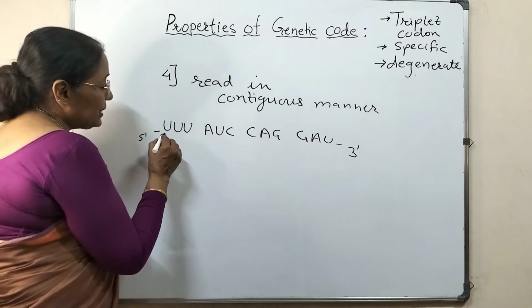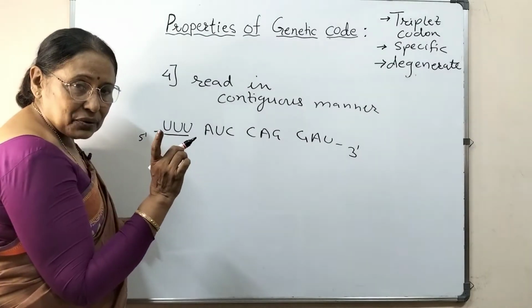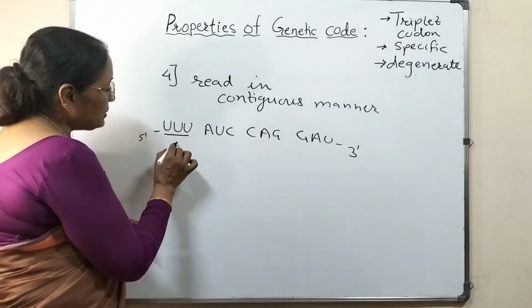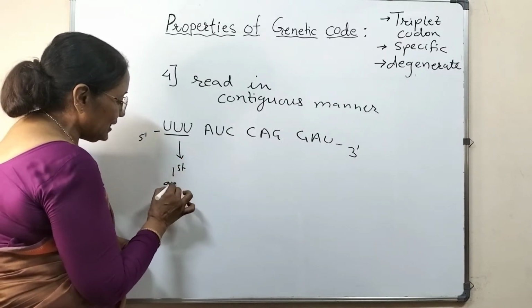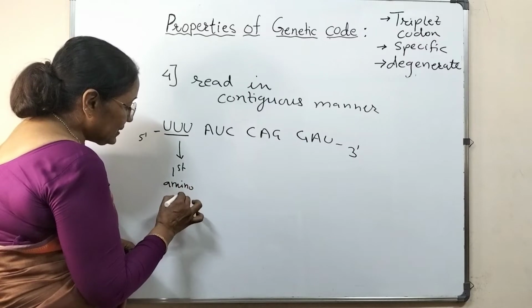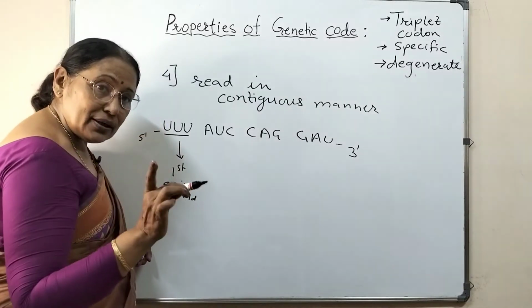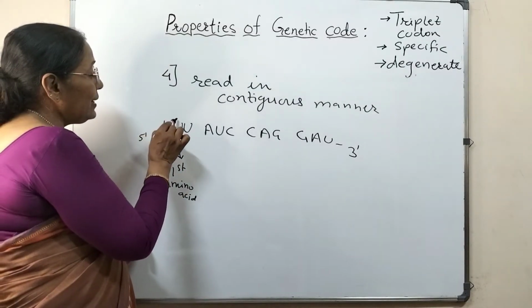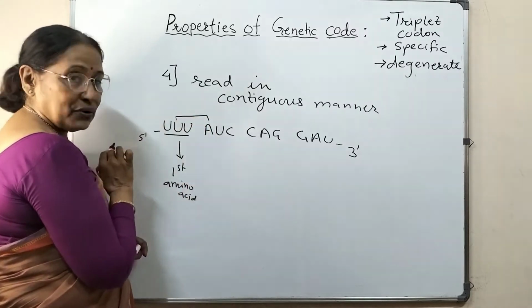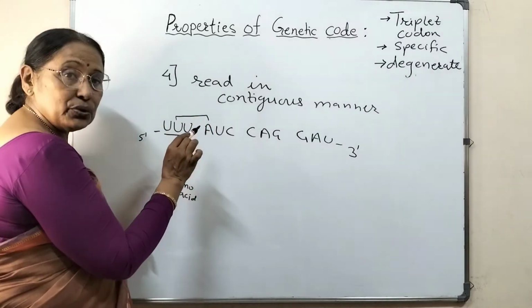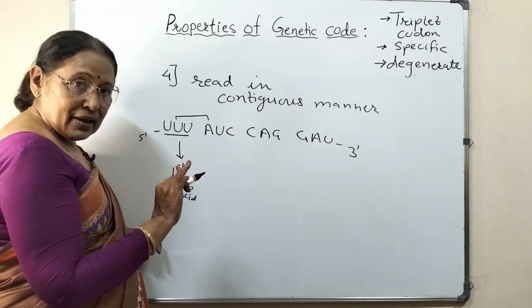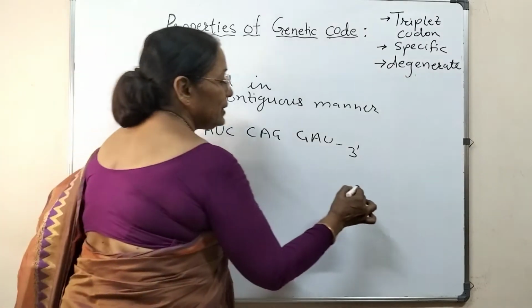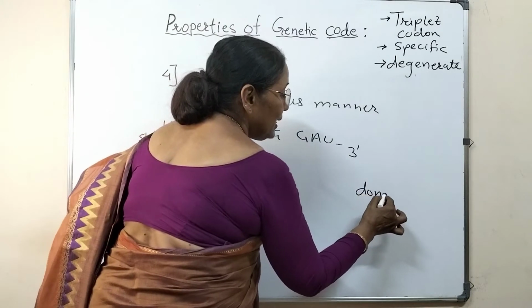We already know that a codon is a triplet one. So this first 3 are going to code for the first amino acid. Then it is not so that the second, third and fourth, that is UUA, are going to be the next codon. No. They do not overlap.